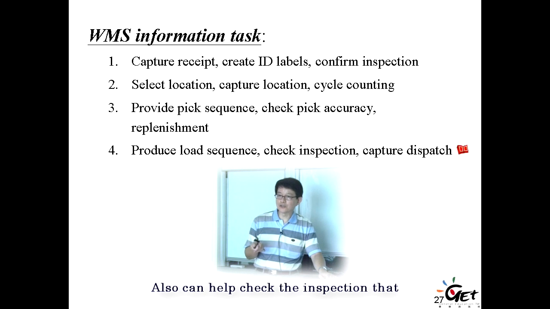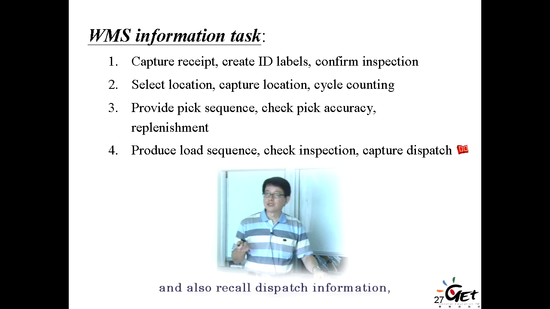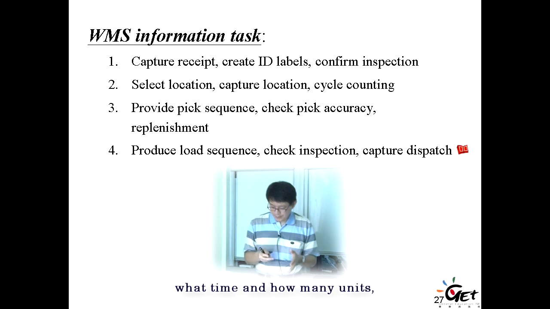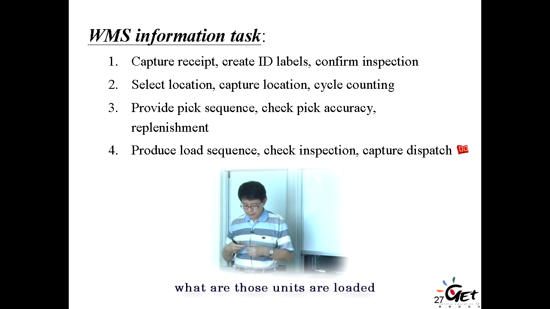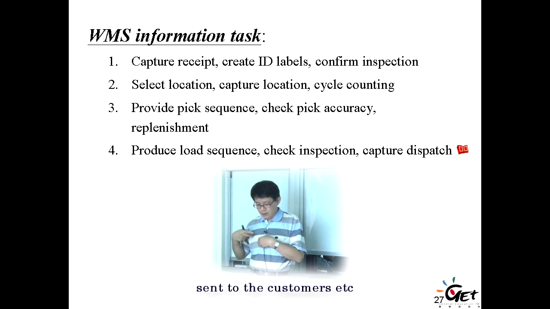Okay. Also it can help check the inspection that customers expect, and also record the dispatch information. That means what time, how many units, and what units are loaded in the trucks and will be sent to the customers, etc.